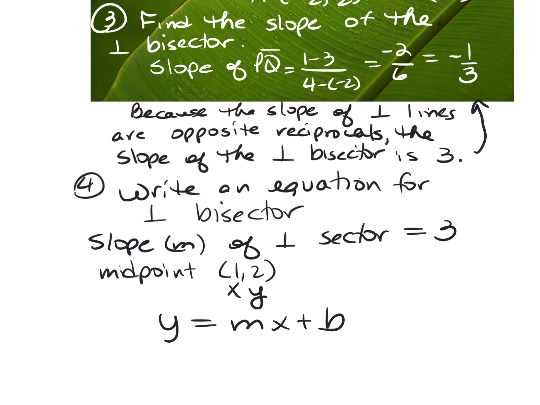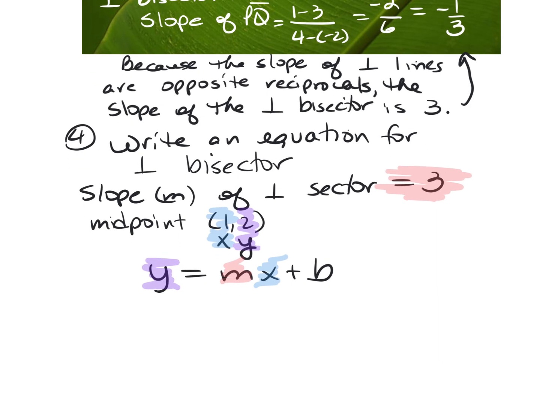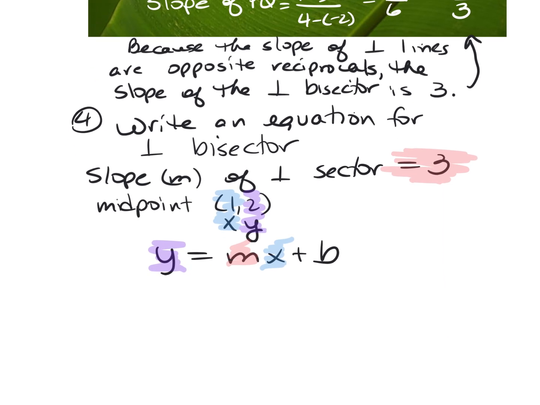So I'm going to take y equals mx plus b. I'm going to replace the m with the 3. I'm going to replace the x with the 1. I'm going to replace the y in y equals mx plus b with 2. Remember, you need to find the b first, then you're going to plug everything back in again. So let me plug in the 3 numbers.